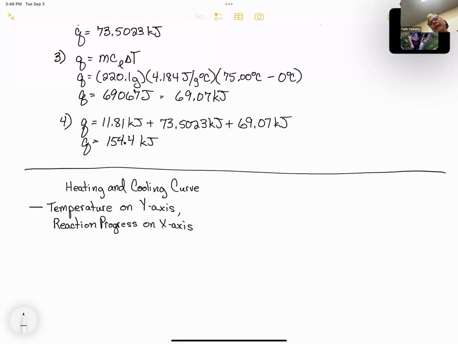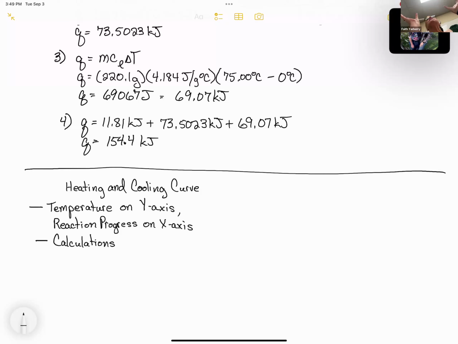With respect to the heating and cooling curve, we are definitely going to be performing calculations on the exam. Now, does that mean you don't have to understand what's going on?